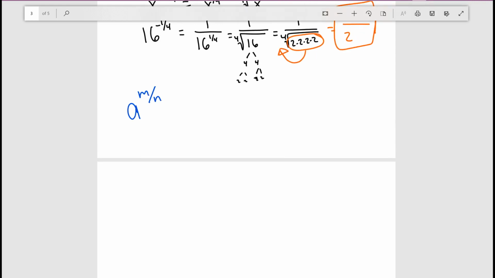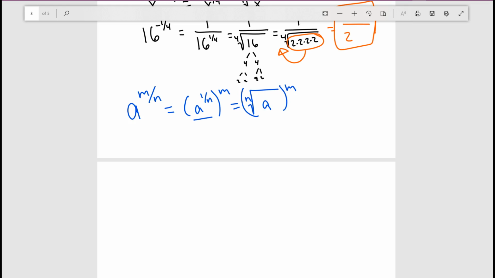a to the power of m over n, well, I can always rewrite this the following way. A to the 1 over n times m, because 1 over n times m is just going to give me m over n. I already know what a to the 1 over n is. That's just going to be the nth root of a. This whole thing is to the power of m.